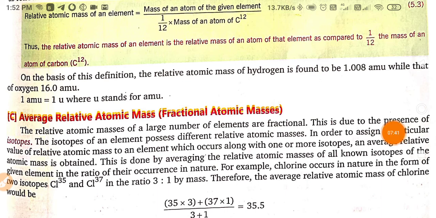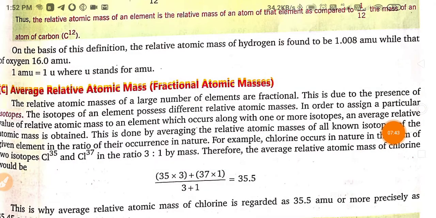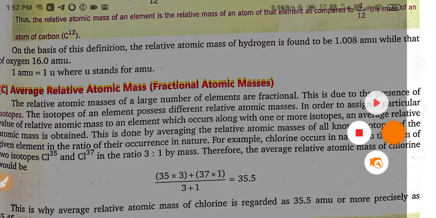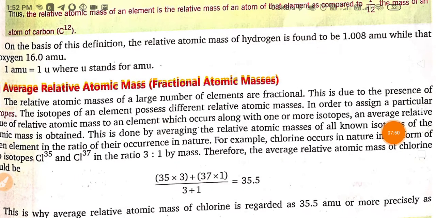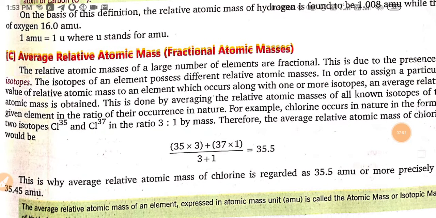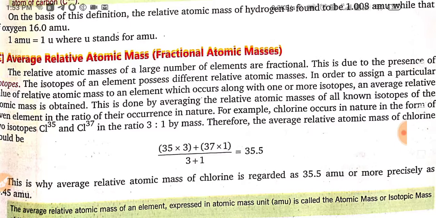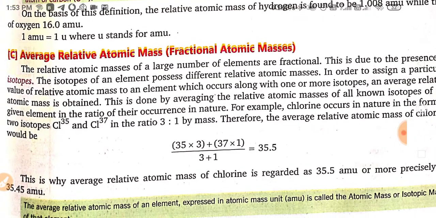One more interesting thing comes out from that: fractional atomic mass or average relative atomic mass. The relative atomic masses of a large number of elements are in the form of fractions. This is due to the presence of isotopes. The isotopes of an element possess different relative atomic masses, you know it already.